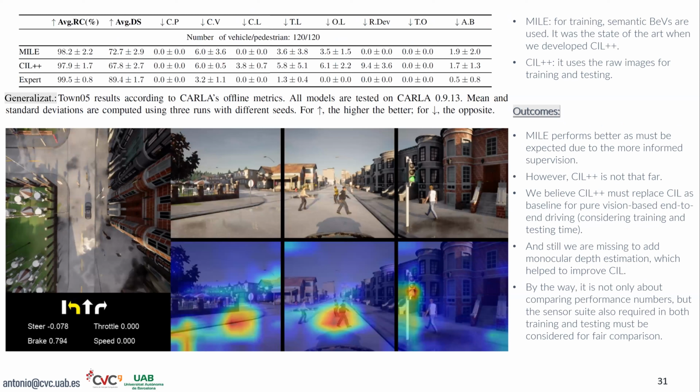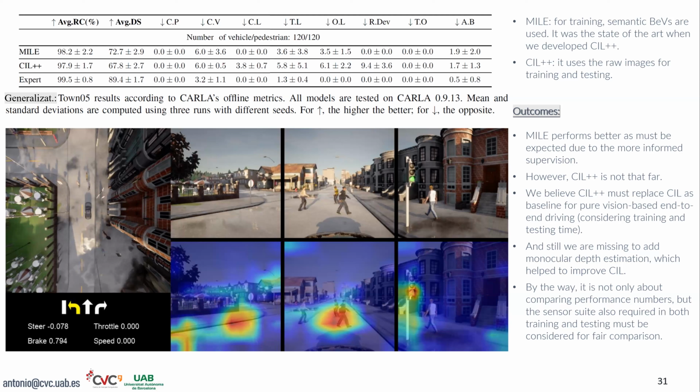This MILE is using bird's eye views with semantic segmentation as supervision, so much more supervision than we have, because we don't have any kind of pixel level information, just the steering angle and the speed and the acceleration and all this as supervision.